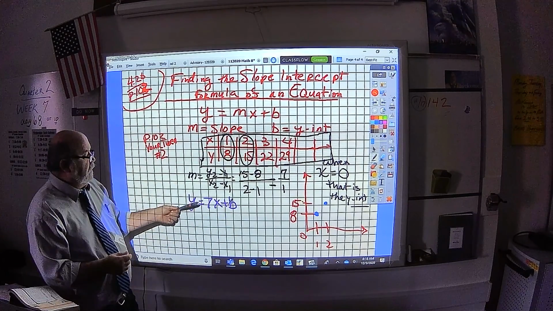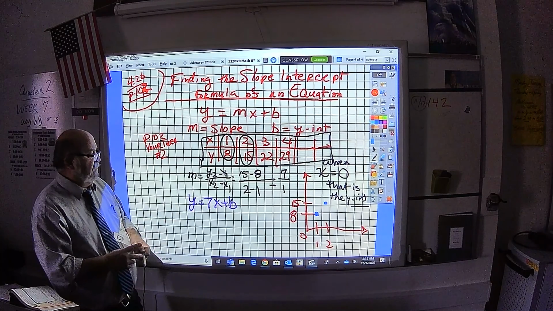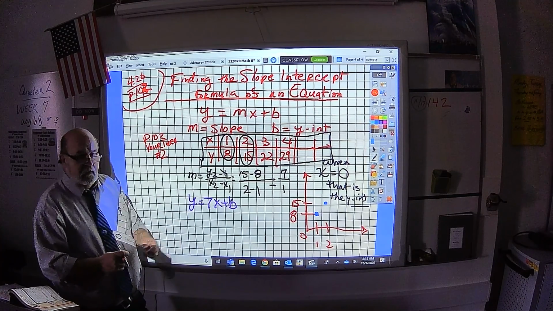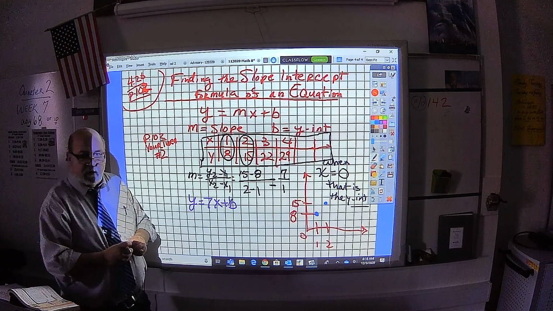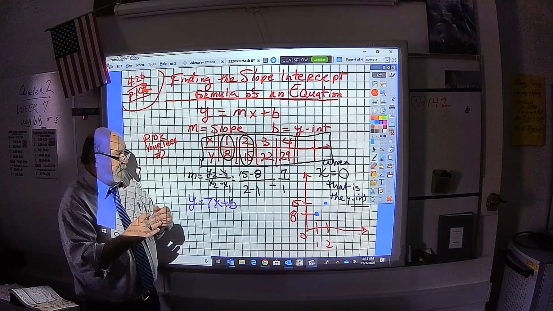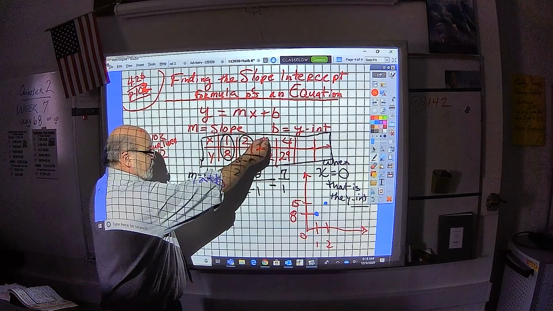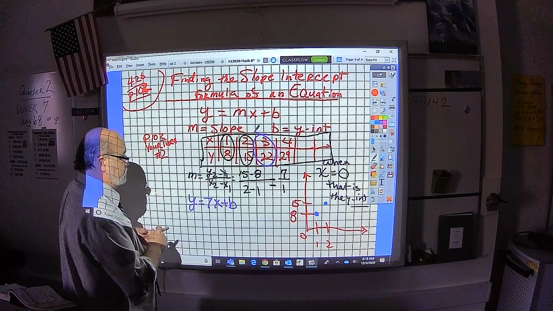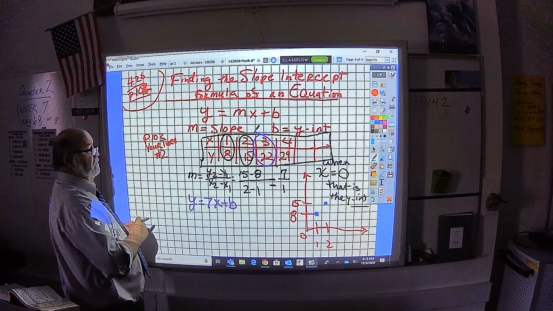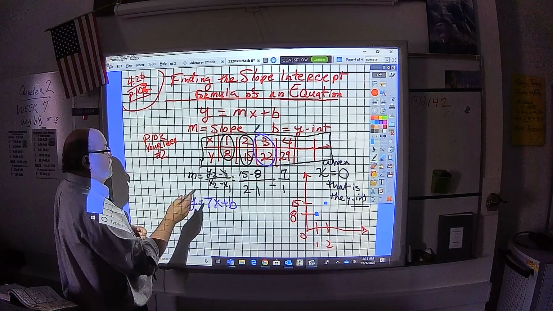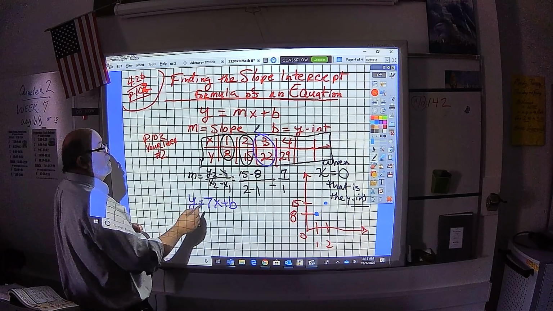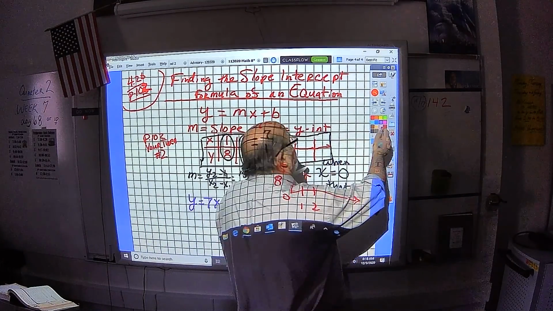But what would I plug in here for y and x to solve for b? I'm going to make a suggestion to you. We use this one, we use this one. How about we use this one? Is that possible? Sure.